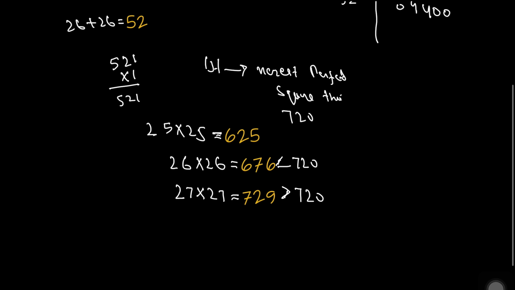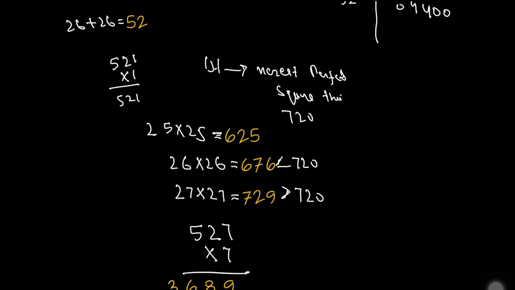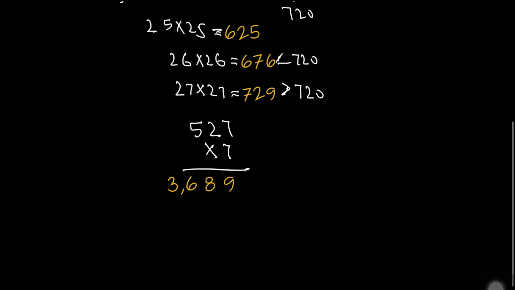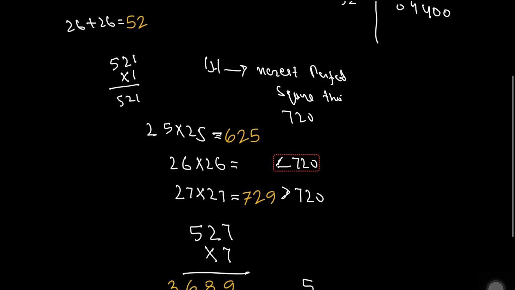So now we check 52 with 7 multiplied by 7. 527 multiplied by 7 is 3689. So we check for the greater number nearest to 4400.